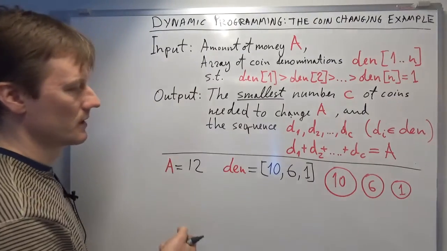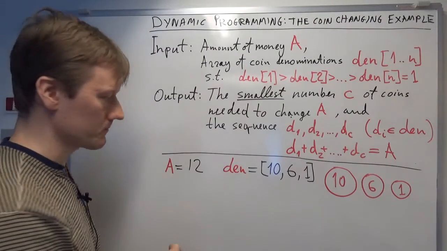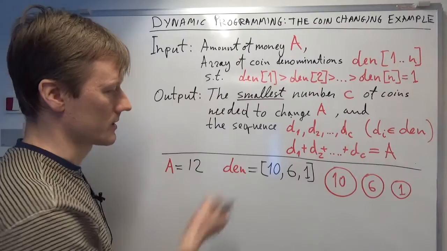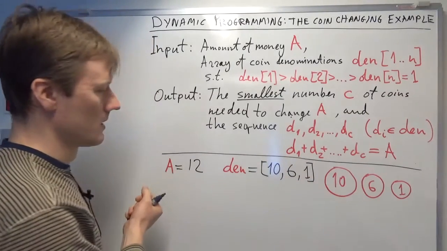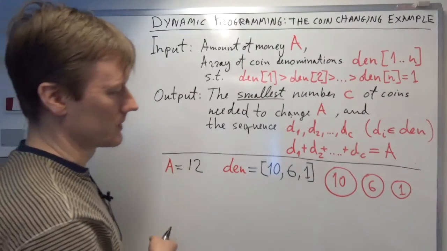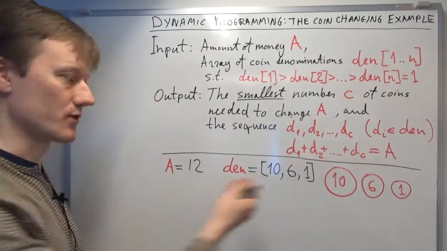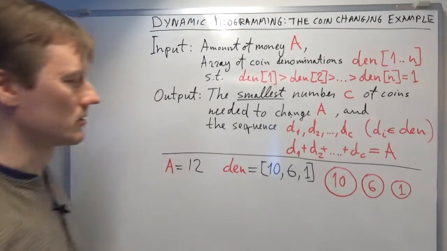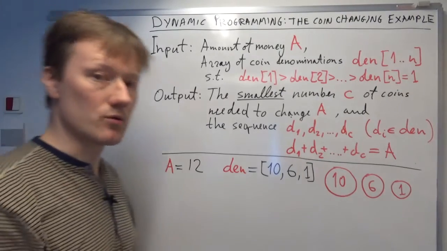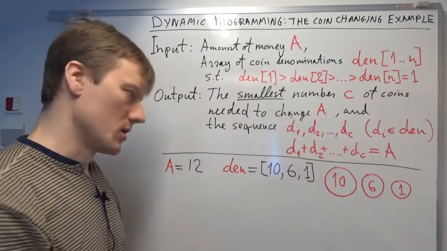So this would give in total three coins, 10, 1, 1. But obviously this is not optimal. So in this case, for this kind of denomination array, the so-called greedy algorithm does not work.